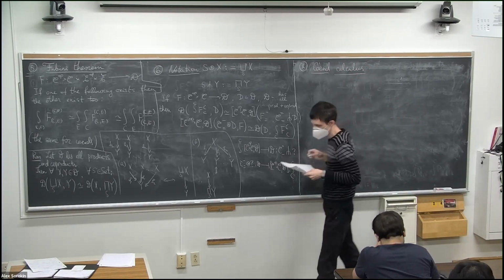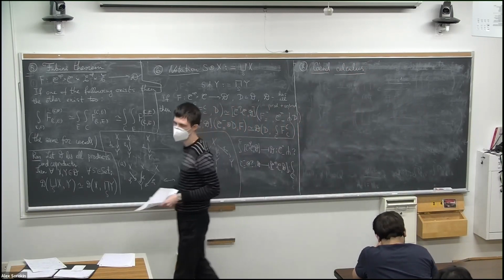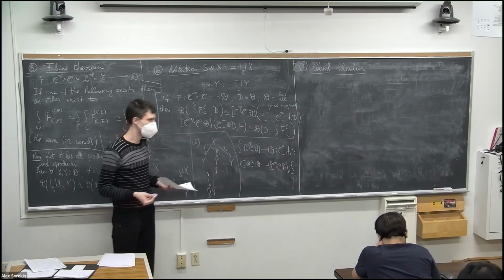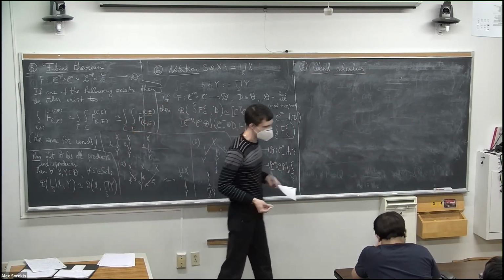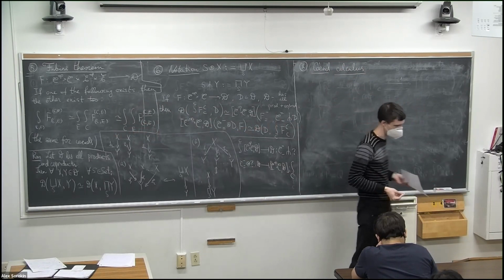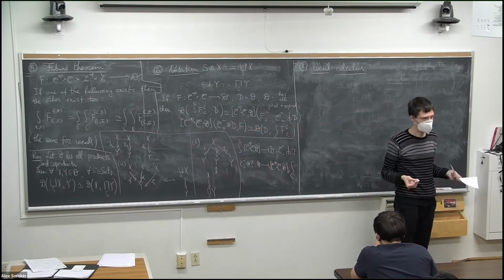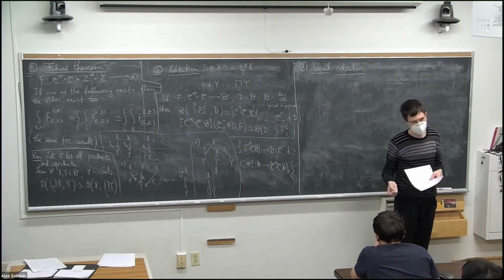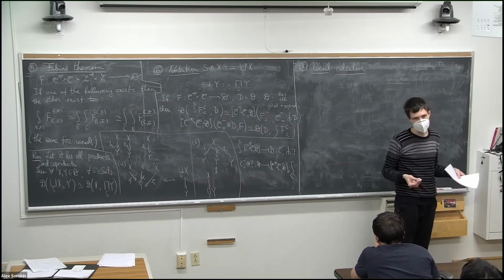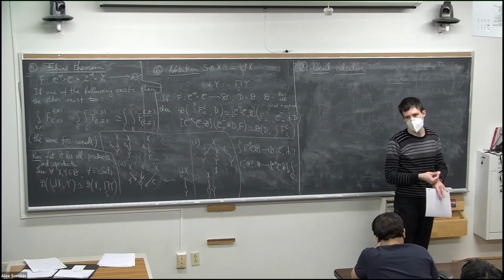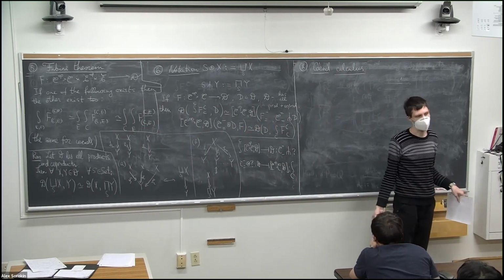In my personal opinion, which is certainly biased and not true, coend calculus is the most efficient and powerful tool in modern category theory, either enriched or unenriched. It's ubiquitous, it just covers everything you need. It's a calculus.